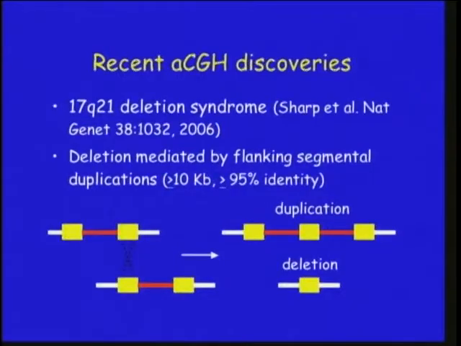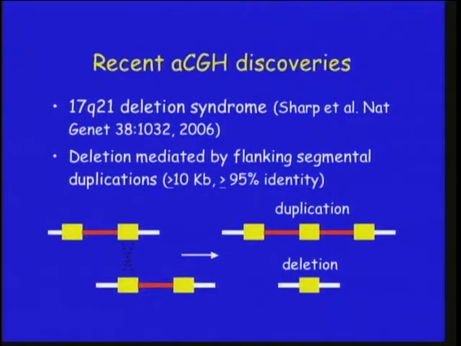What happens is that normally during meiosis, this segmental duplication should align with this one, and this one here should align with this one. But sometimes, because they have such high sequence identity, they can misalign with each other during meiosis. So here you get this one lining up with this block.